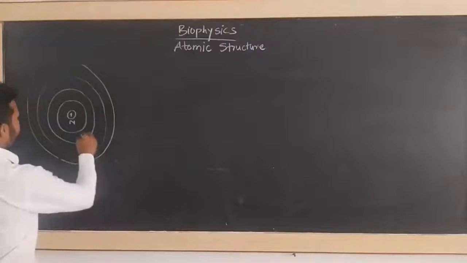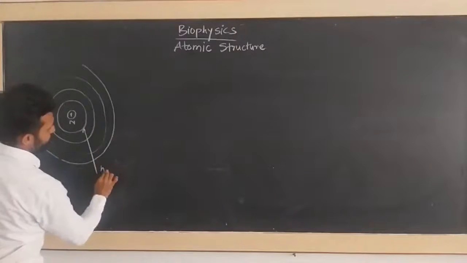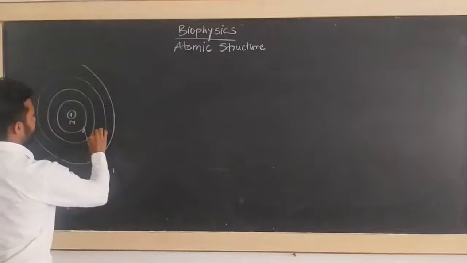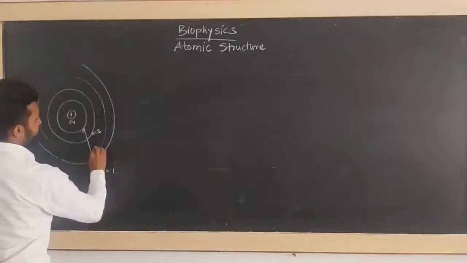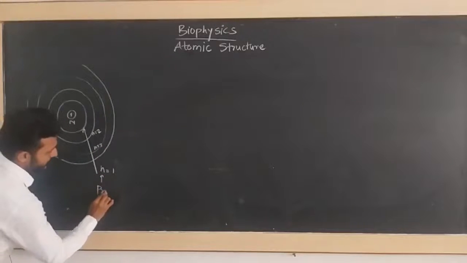These orbits are denoted by the principal quantum number n equal to 1, n equal to 2, n equal to 3.